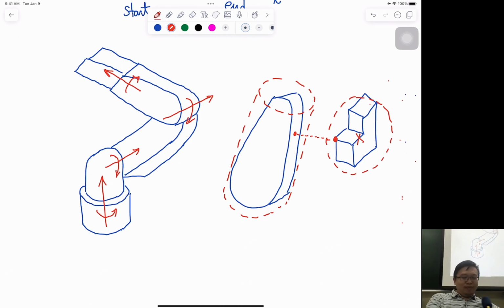If the ball doesn't contact the cylinder, no contact, no collision. Even if the ball has a tangent contact, a single point contact with the cylinder, it's possible there's no collision because my robot arm part is inside the cylinder. There is still a tiny gap.